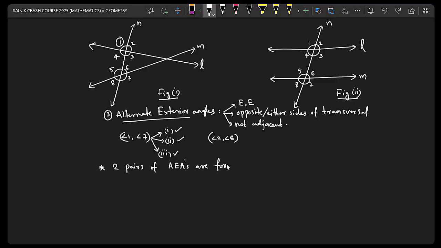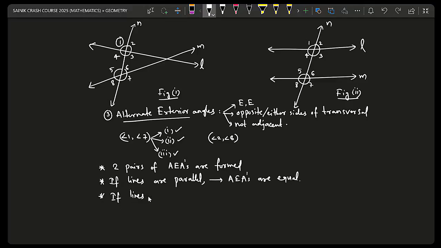And what about their properties? If the lines are parallel, they are equal, otherwise not equal. If lines are parallel, then we can say alternate exterior angles are equal. And the next property, what about if they are not parallel?